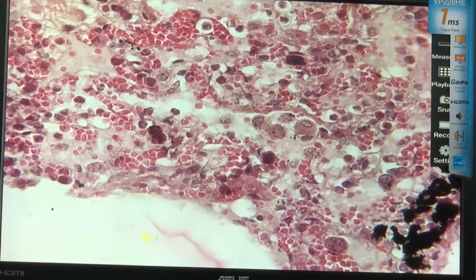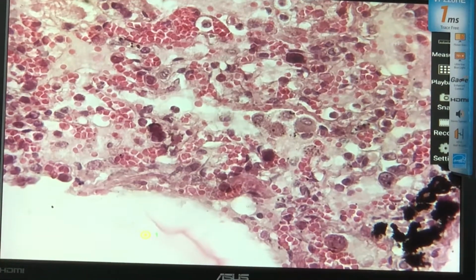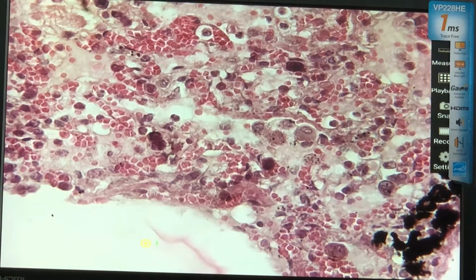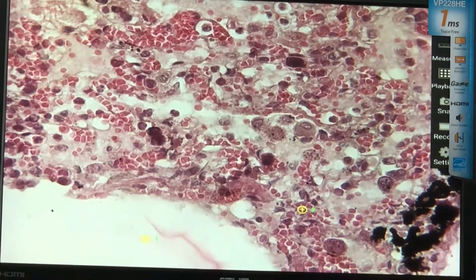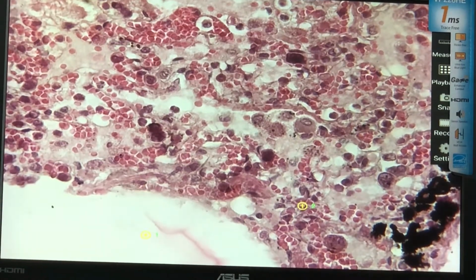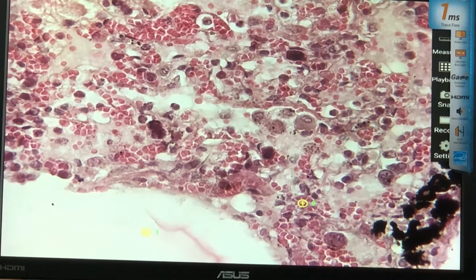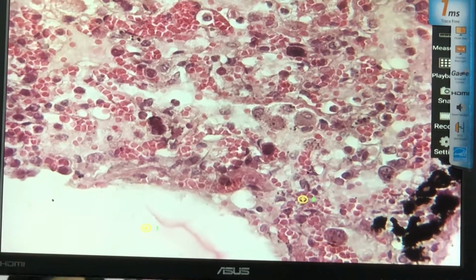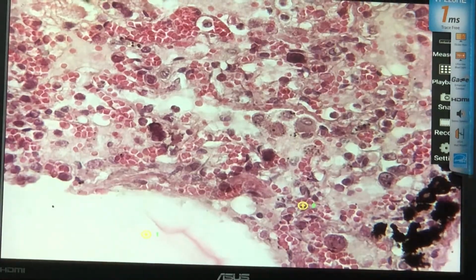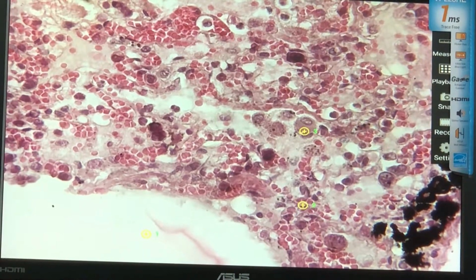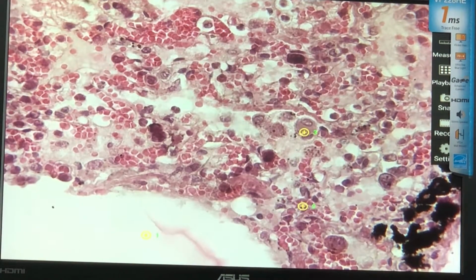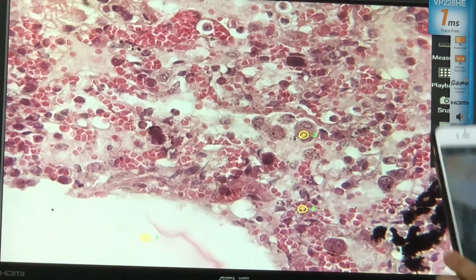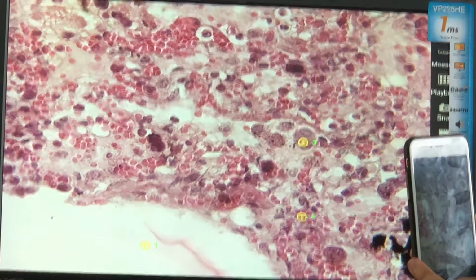Lung alveoli. What's this? This one, what area? What pathologic process is shown? Extravasated RBC, or extravasation of RBC. It's okay. How about this one? That's the hemosiderin-laden macrophages in high power objective.